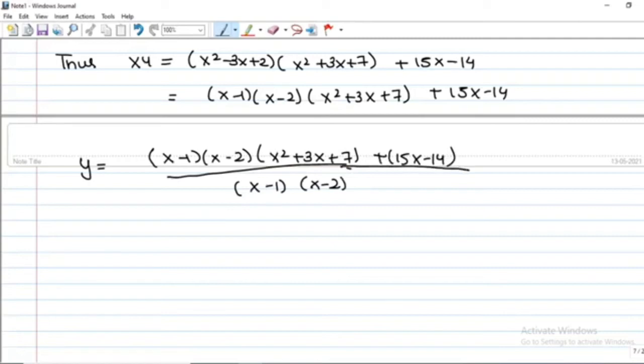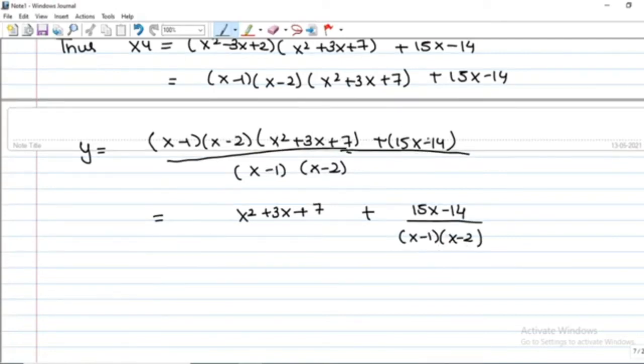So this line will be extended. Now these two terms will cancel out in the first case, and we will be left with x square plus 3x plus 7, and in the next case it will be 15x minus 14 the whole upon x minus 1 into x minus 2. Now you can see this is a proper rational expression.